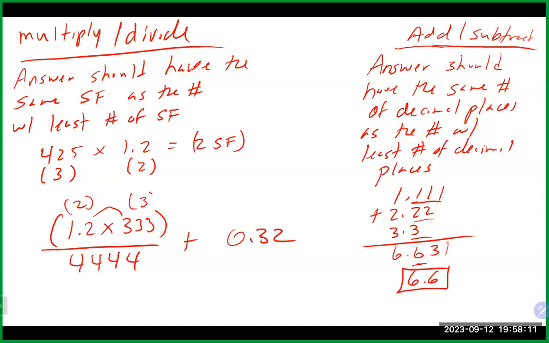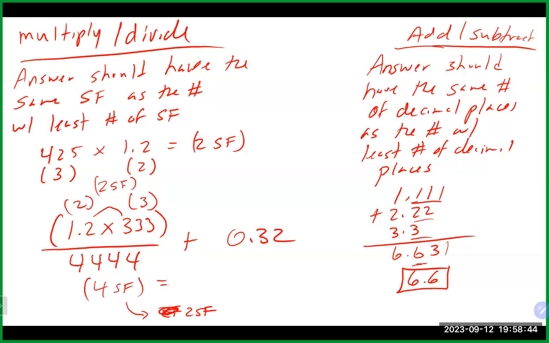That is 3 significant figures, which means technically when we get the answer from the top, we should end up with 2 significant figures, right? The next thing we would do would be dividing. We would take 2 significant figures divided by the bottom, which is 4 significant figures, which means our answer for this part should actually be 2 significant figures in this case, right? So if I put this in my calculator, I got 1.2 times 3.333 divided by 4, creative numbers there.